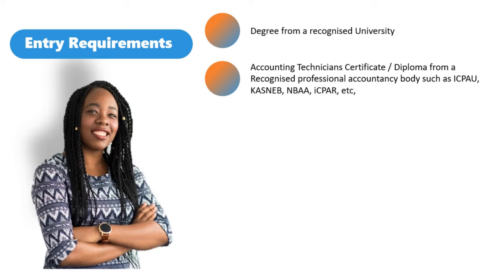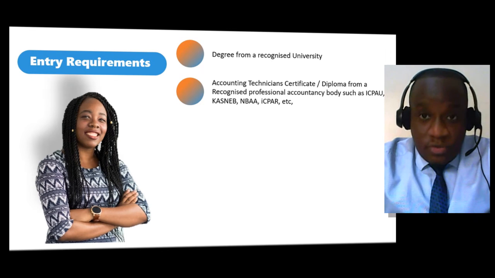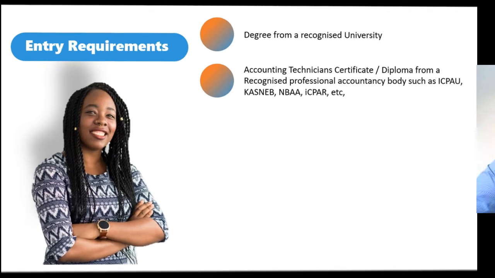We have diplomas from institutes like NBAA, and the Institute of Certified Public Accountants of Rwanda, ICPAR, and so on. So those having the Accounting Technician Certificate or Diploma from recognized professional accountancy bodies will also be enrolled into the program.